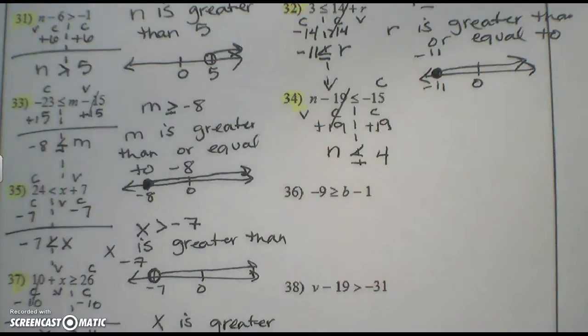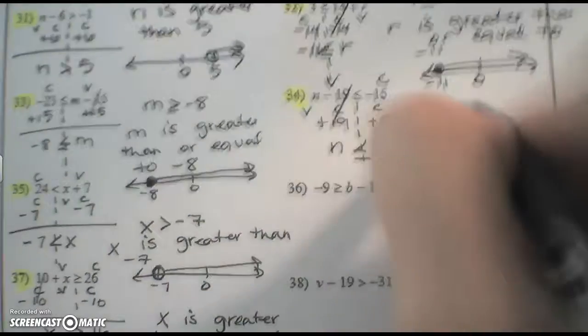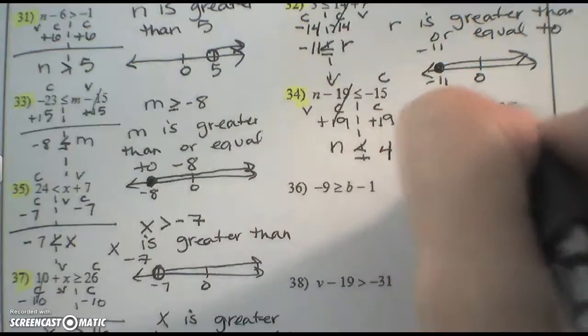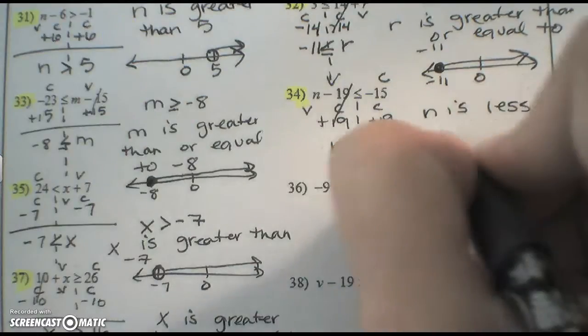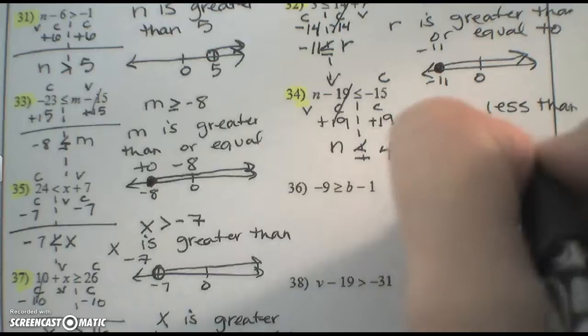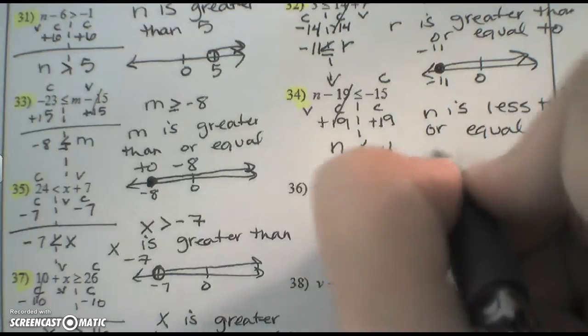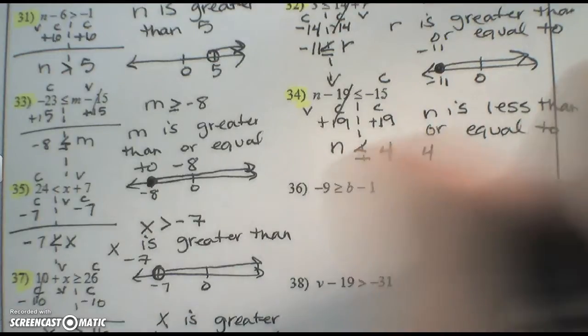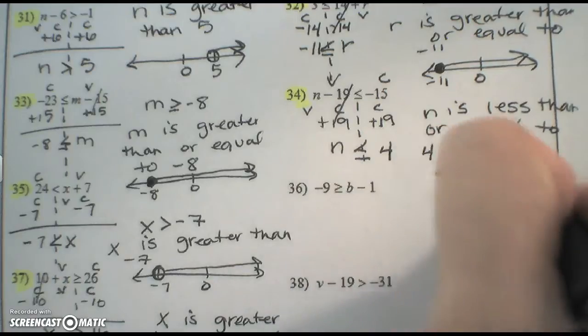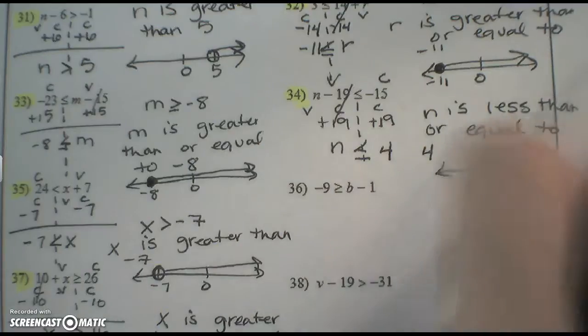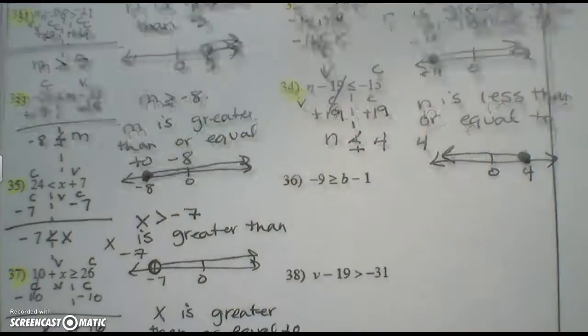And don't forget that last step when we get to this. Then it's time to divide, but most of these we haven't had division on. So we have n is less than or equal to 4. So 0. We have 4 here. We have a closed circle, and we are less than, so to the left with our arrow there.